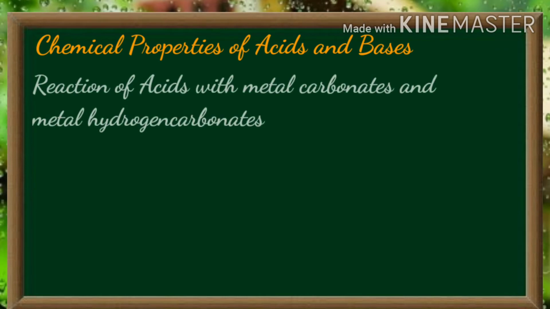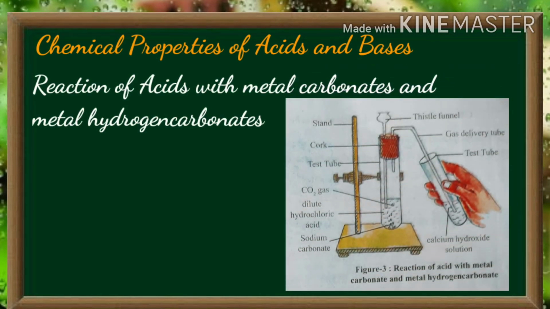Now, reaction of acids with metal carbonates and metal hydrogen carbonates. We will also understand this by an activity. Take about 0.5 gram sodium carbonate or sodium hydrogen carbonate in a test tube.